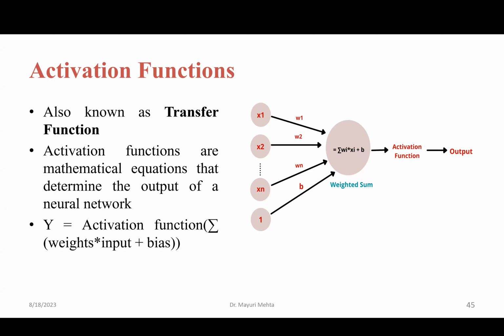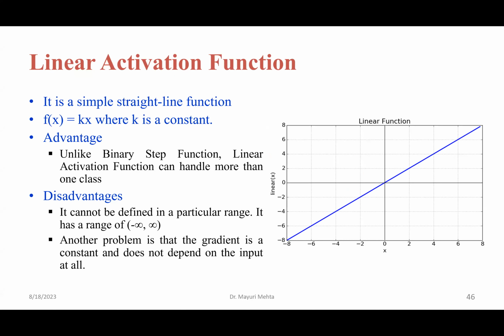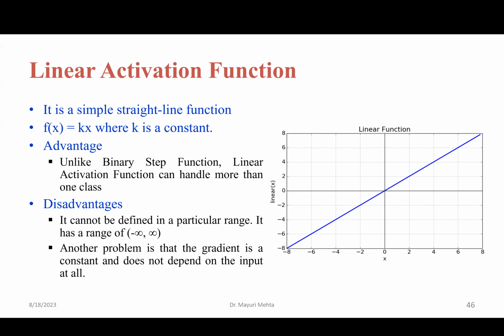All the activation functions which are available are divided basically in two categories: linear activation functions and non-linear activation functions. So let us start with the linear activation function. As you can see, the function is a line, or linear, as shown in the graph on the right hand side.